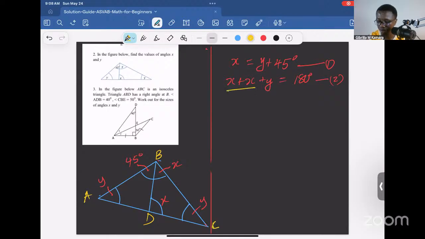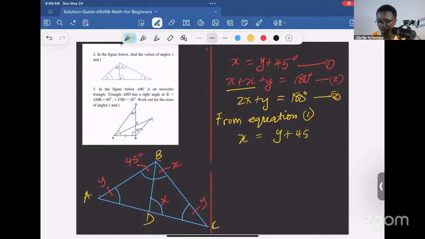So now let's first simplify equation 2. That becomes 2x plus y equals 180 degrees. The same as equation 2. Now we can solve, right? From equation 1, we know x equals y plus 45 already.